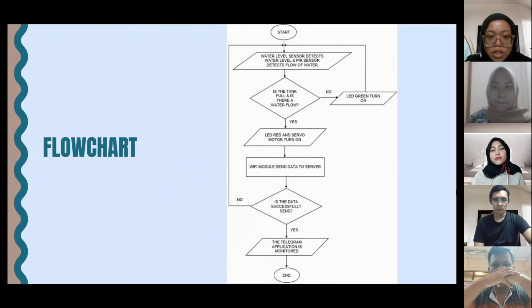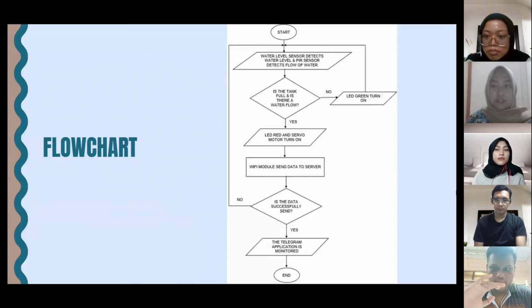Okay, for the flowchart diagram, we can see that it started with the water level sensor sensing the depth of water in the dam, and the PIR sensor will sense the flow of water. If the water in the dam did not reach a dangerous level, it means the dam was not full yet, and the green LED will keep turning on to indicate a safe level of water in the dam.